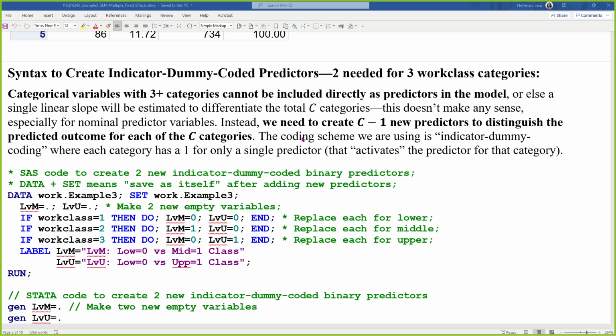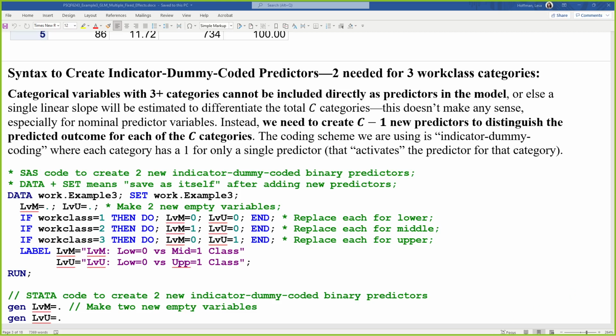So what do you remember from last time? I've got a contextual clue here with some code, but what do you remember? More than 3 categories? What happens if you have more than 3 categories? 3 or more categories, I would say. Yeah, we got to make new predictors that are each 0 or 1.